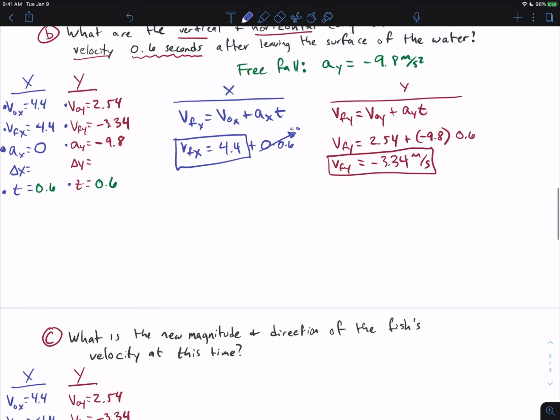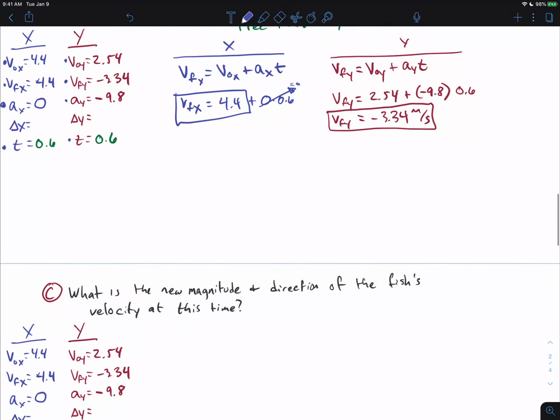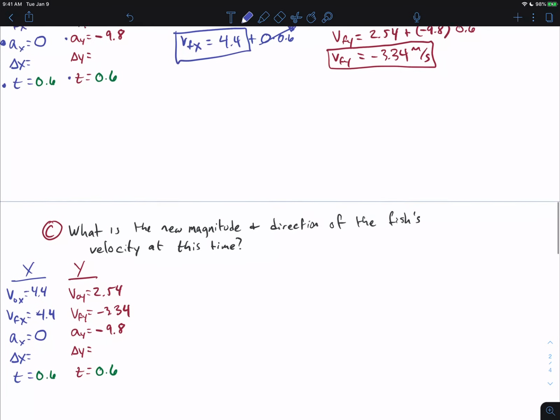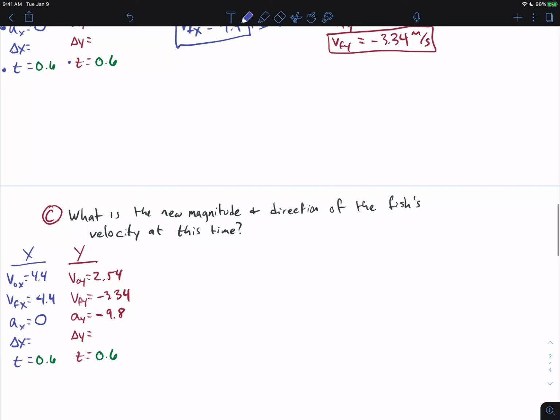And for the final part here, now that we know the components of our final velocity, can we find the magnitude and direction of the fish's velocity now that some time has passed, right? So the fish jumped out and now some time has passed. Now it's moving in a new direction, right?